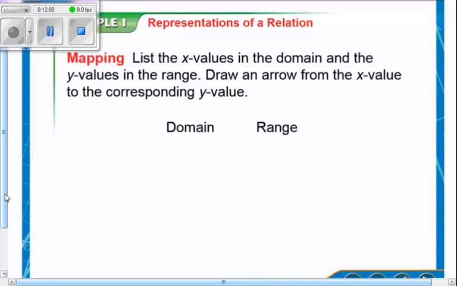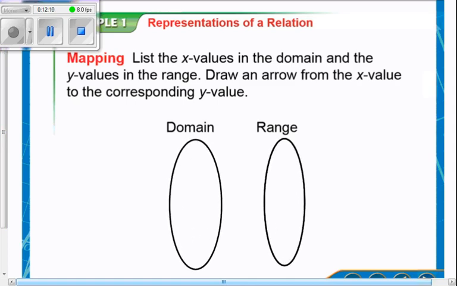All right, we're going to talk about, and these are all ways of representing those ordered pairs, okay? So far we've done a table, a graph, and now we're going to do a third way with mapping. Okay? Mapping is very visual. And so we actually just use arrows to tell us which one goes with which. So we're using those same values that we had in the previous problems, right? We had our set.